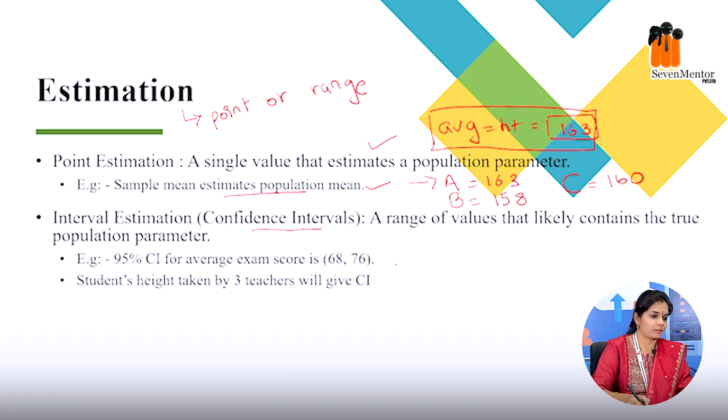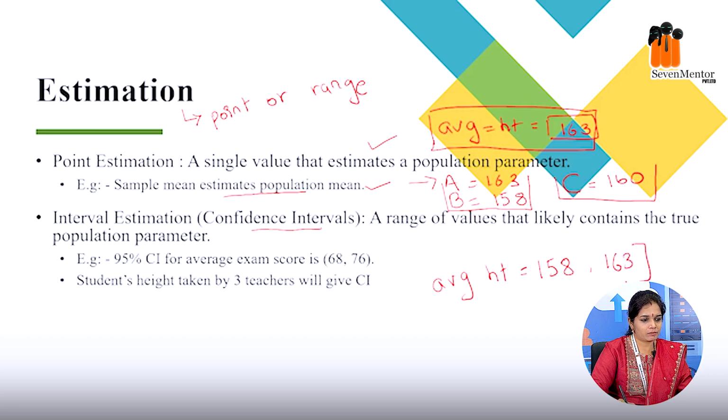It is very interesting, I'll tell you. As you can see here, these are the values which we got as an average. So now I can tell that my range of average height starts from 158 till 163.